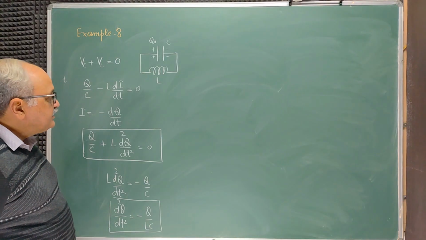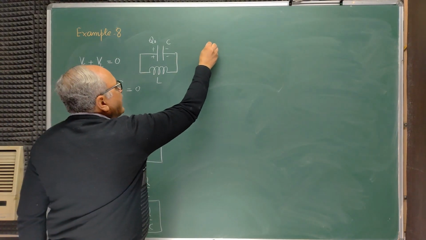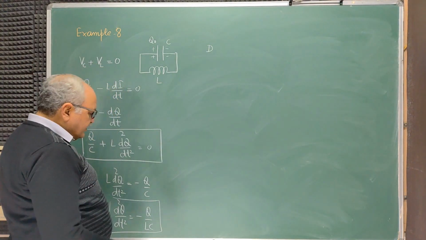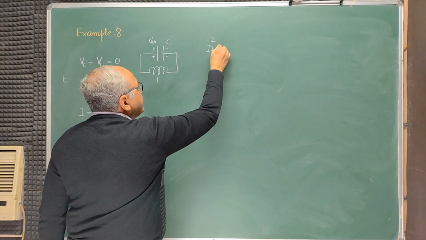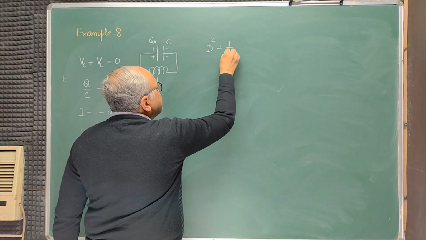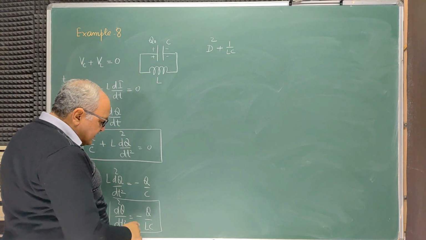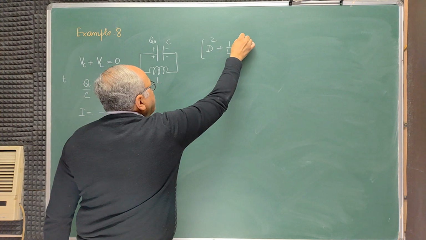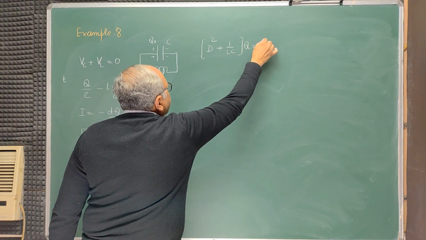So let's simplify it by writing the operator equation, which is D² plus 1/LC, and that operates on charge Q to give you 0.